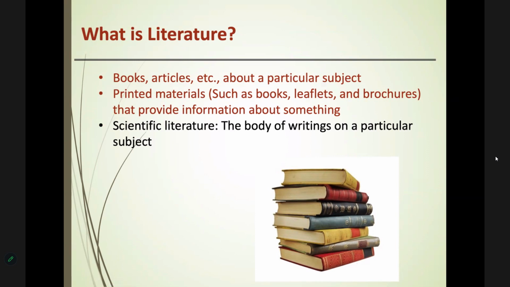If you wanted to know what is sustainable development, maybe you can find some books for that. But when you're doing a scientific literature, that is a very focused area on a very particular domain, then the scientific literature is more useful for your literature review when you do the dissertation.